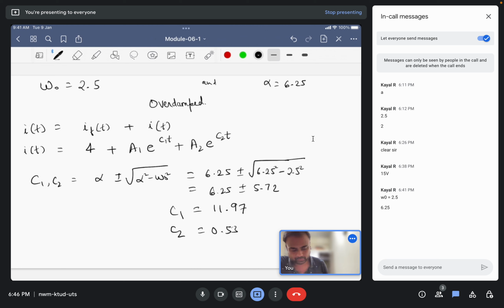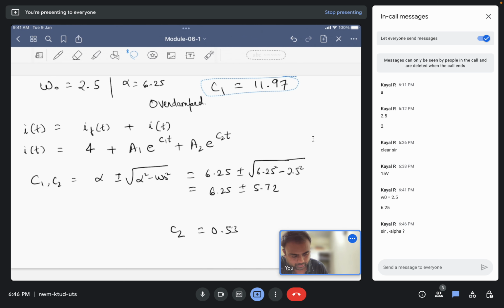So let us write the values C1 and C2. So I will just write it here at the top. So alpha and omega are known to us, and C1 and C2 are also known.